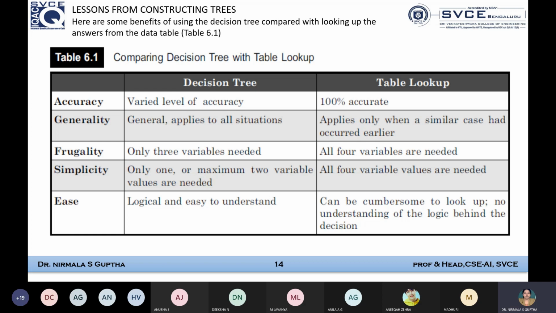Why did we go for humidity? That is the reason. We need to select the best splitting attribute according to the criteria, the best condition, to give the correct, 100% accurate decision.